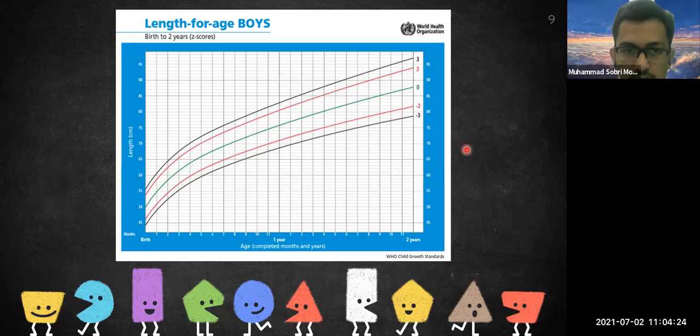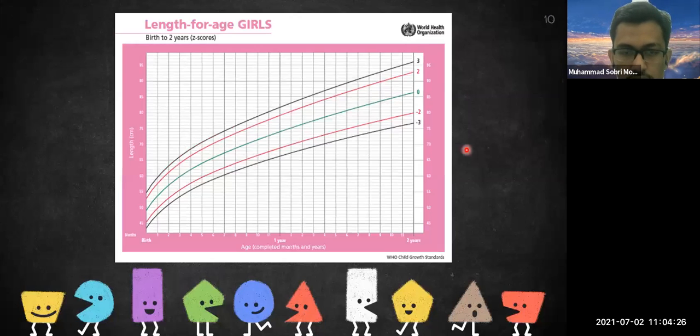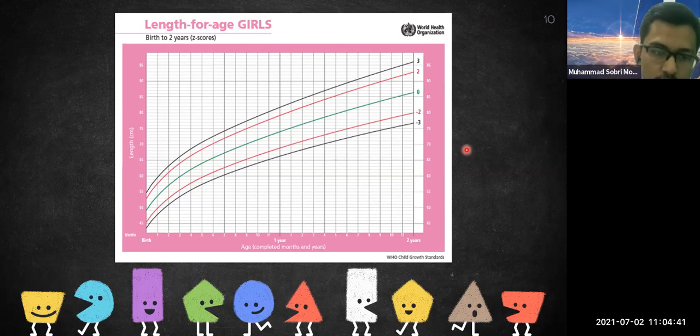So this is for boys, and these are for the girls length for age chart. So it has different charts according to age. I just put one here from birth to 2 years old for boys and girls. You can search other charts for other ages at the WHO website.